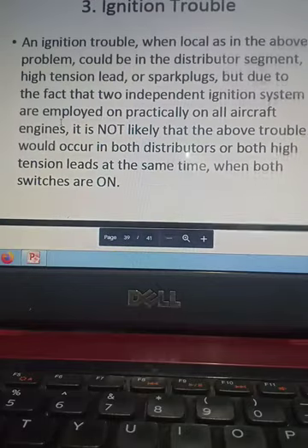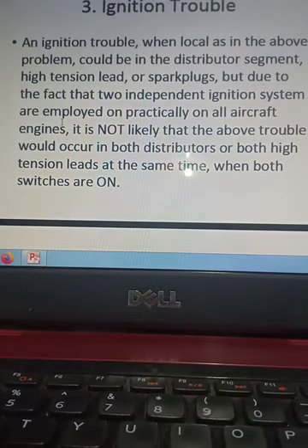Okay? Then for ignition trouble, classified as local, it could be in the distributor segment, high tension lead, or spark plug.